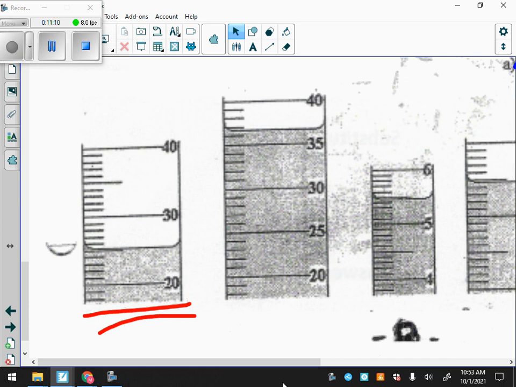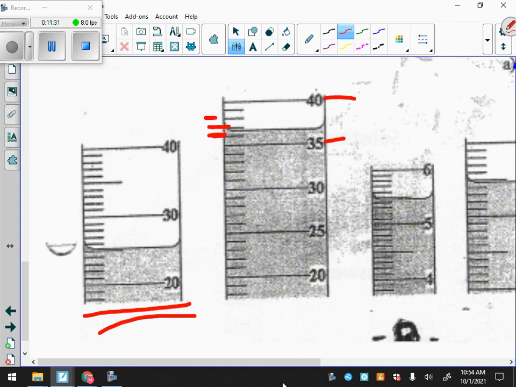So what does this graduated cylinder read? This is what the liquid is. Antonio, how much is it? Let's see. That's 35. That's 40. So there's 5 numbers in between. This is 36, 37, 38, 39, 40. So what would the liquid be?